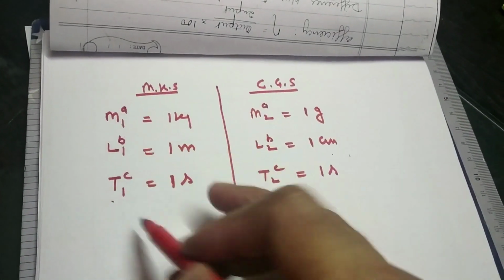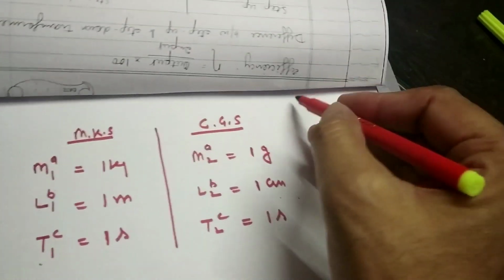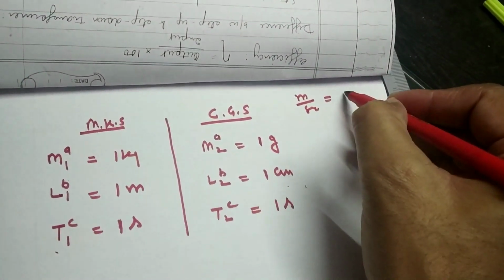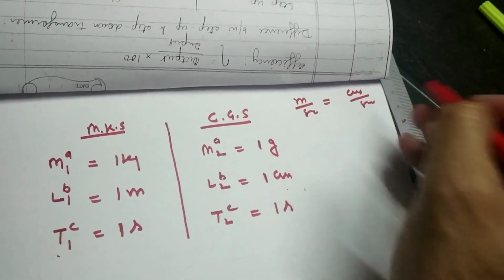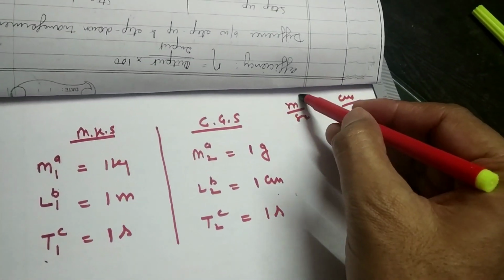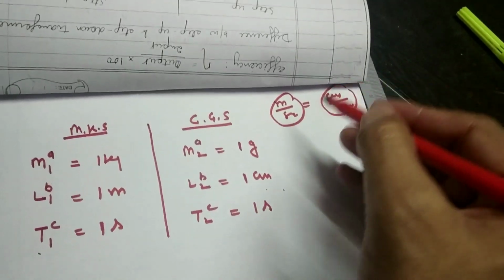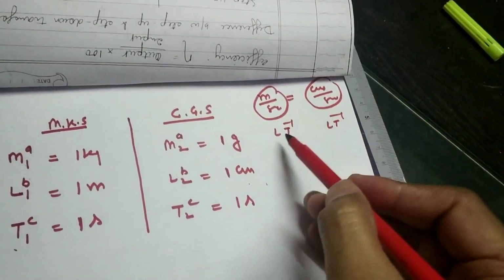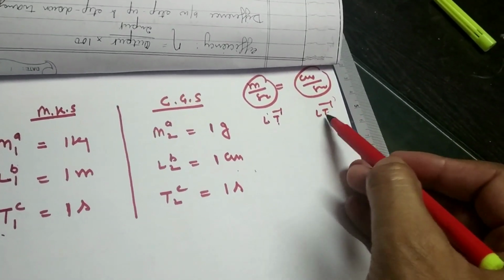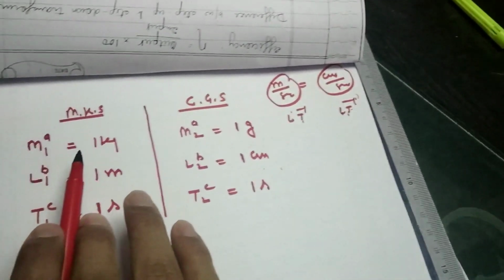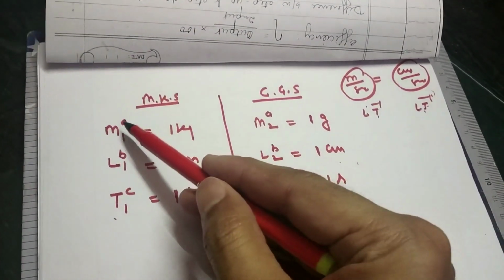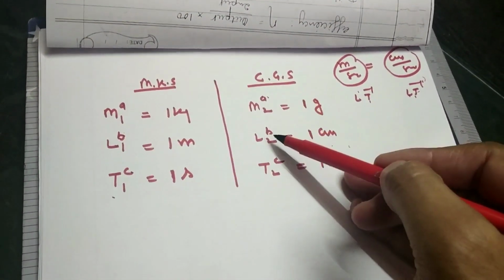Why are we taking the same dimensions? We have already discussed. Suppose you want to convert speed from meter per second into centimeter per second. What will we do? The dimension formula will not change. If the dimension formula is LT minus 1, here also LT minus 1. L is 1, T minus 1. So in this case, any quantity when we change from MKS to CGS, the dimensions will not change.